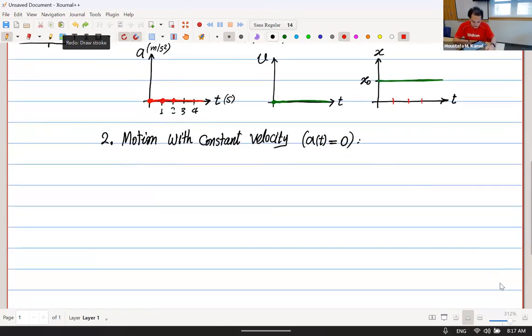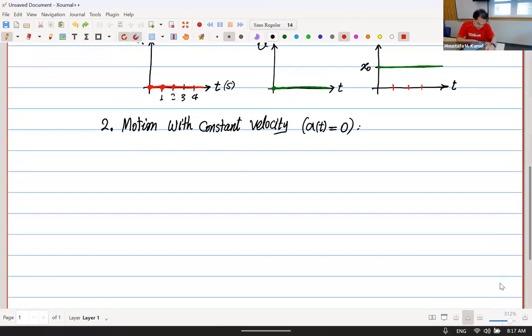They're not new equations. So we will have velocity as a function of time equal to the initial velocity. Nothing happens to it. It stays at the same value. And position at any moment of time is equal to initial position plus v naught times t.